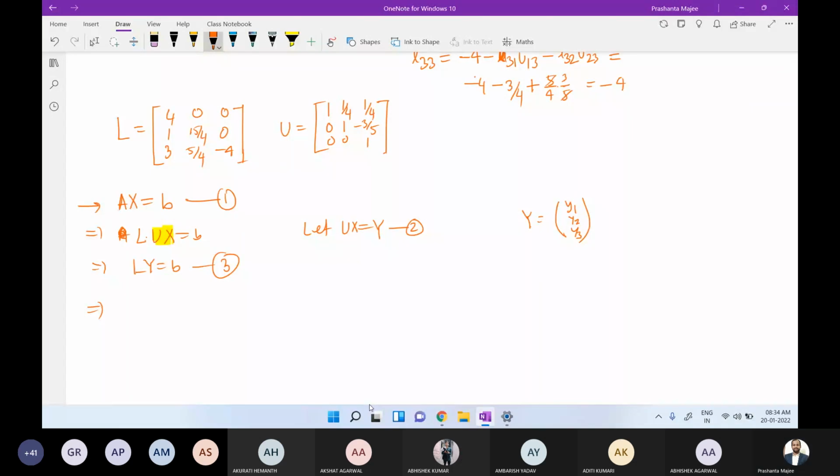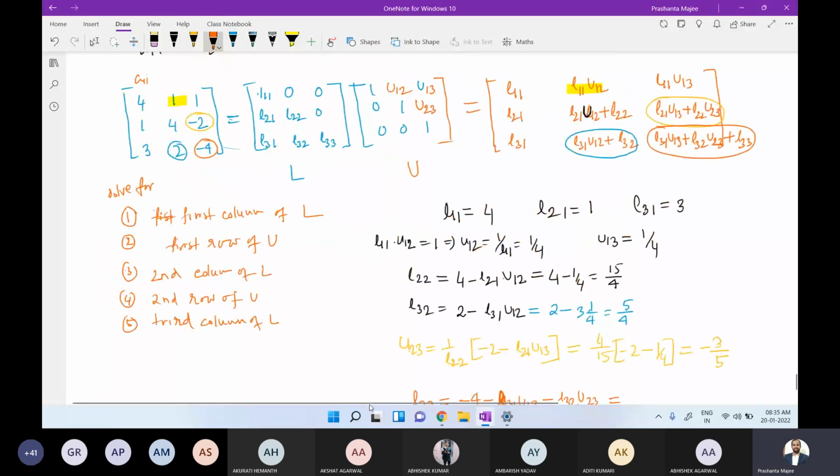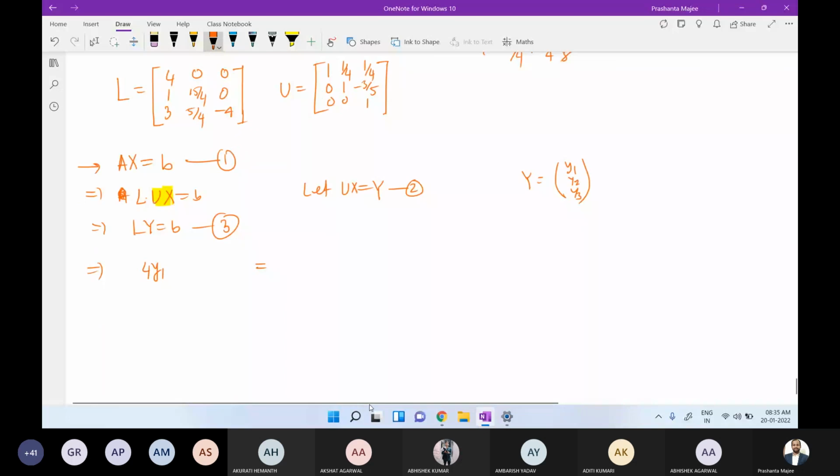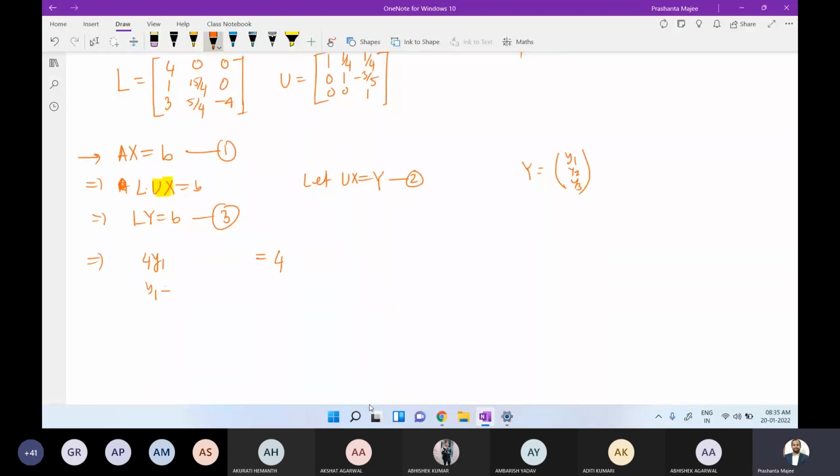4y1 equals to, what is b? b is 4, 4, 6. So 4y1 is 4, y1 plus 15 by 4 y2 equals to 4, 3y1 plus 5 by 4 y2 minus 4 y3 equals to 6.